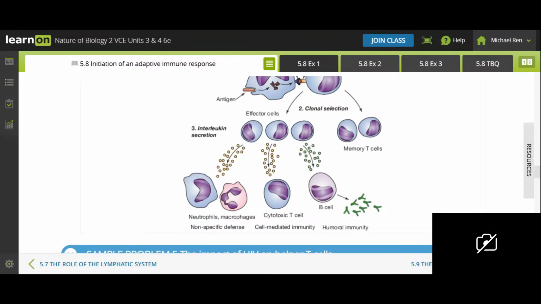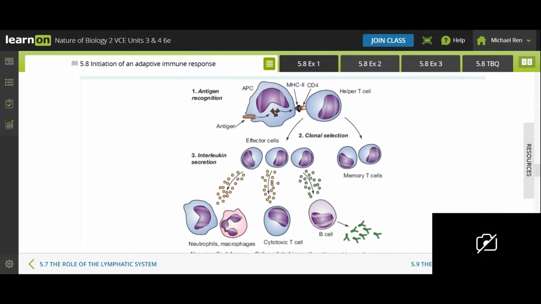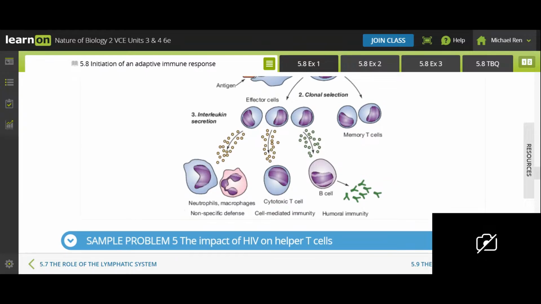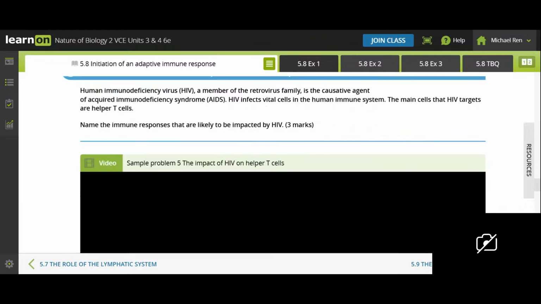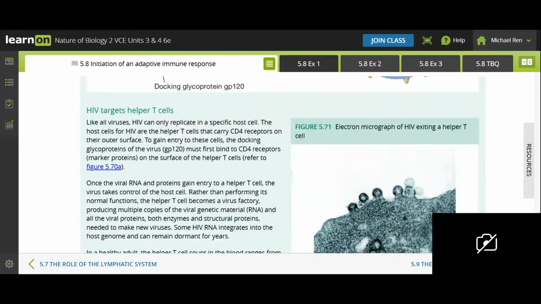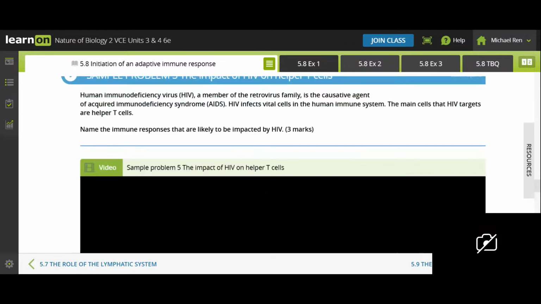They and the APC locate a naive B cell with an antibody or B cell receptor complementary to the antigen. The B cell binds to it, and then the cytokines are released.